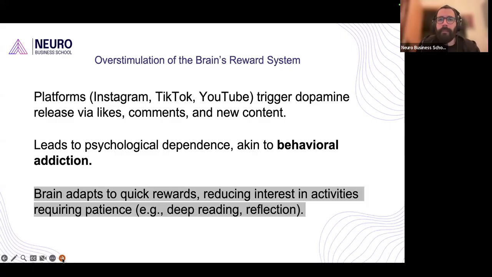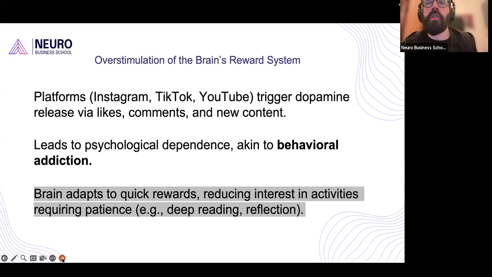That's the reason why we have this kind of behavior that has the same nature as a person with addiction, because our brain adapts to this kind of reward.